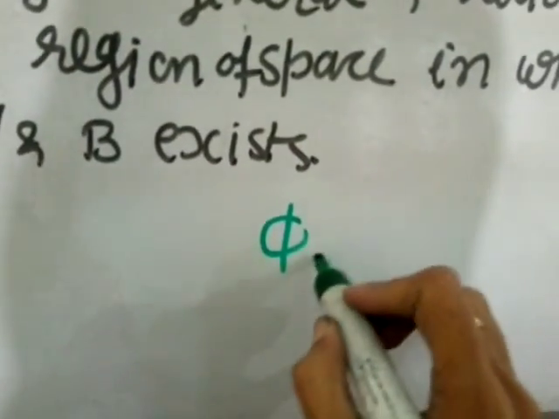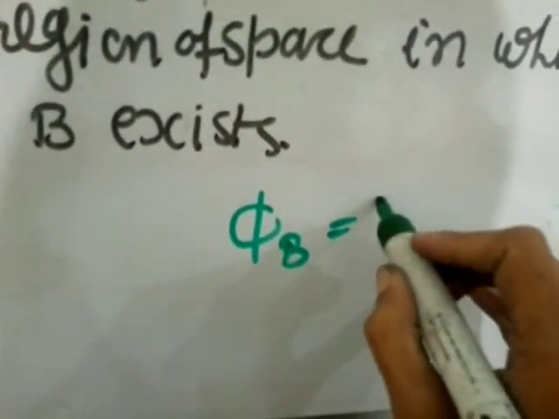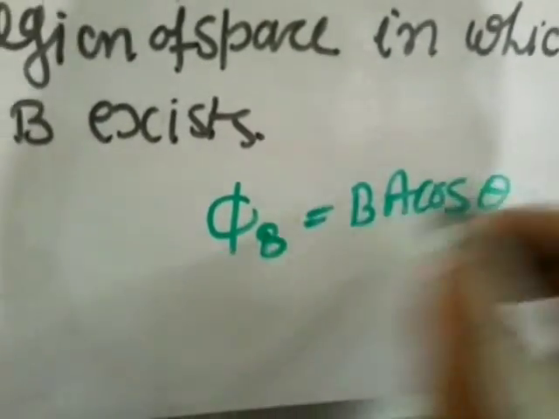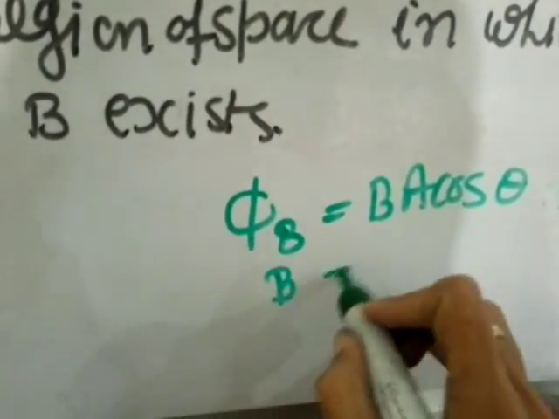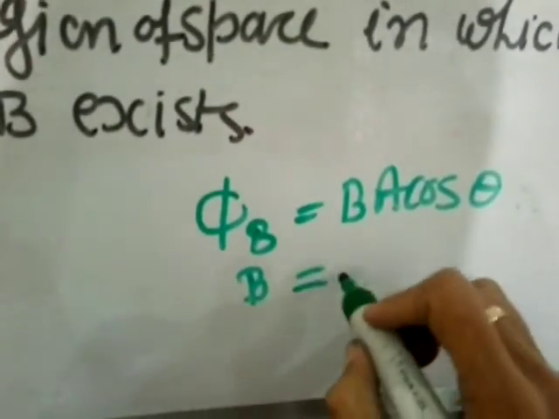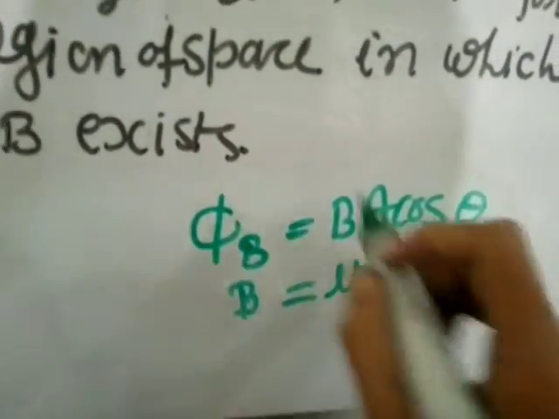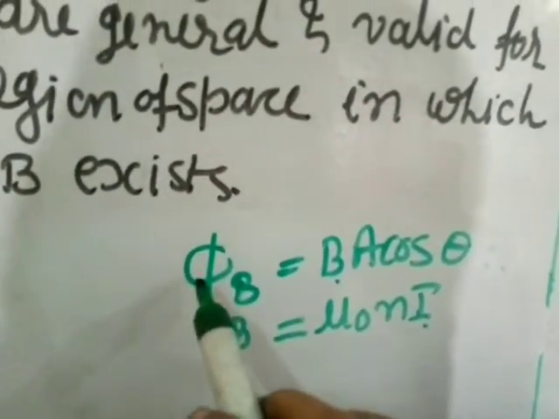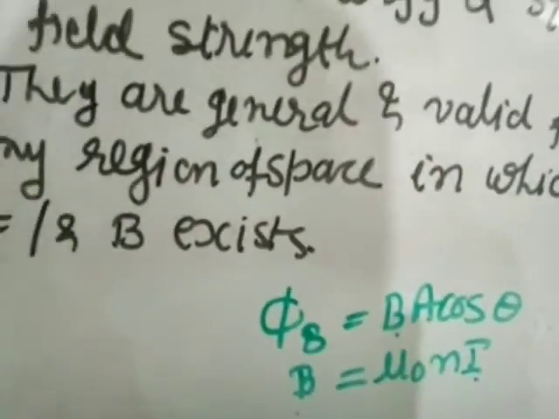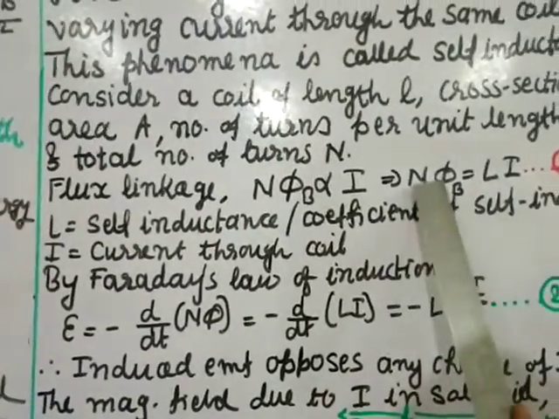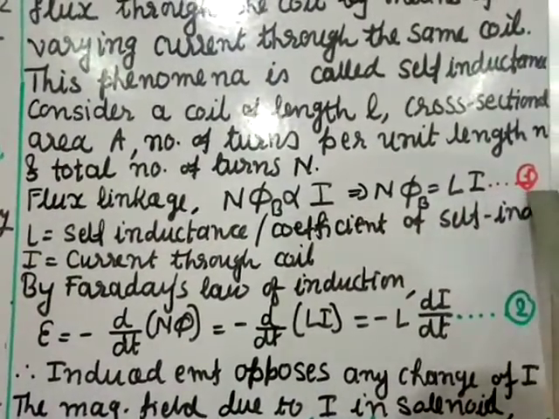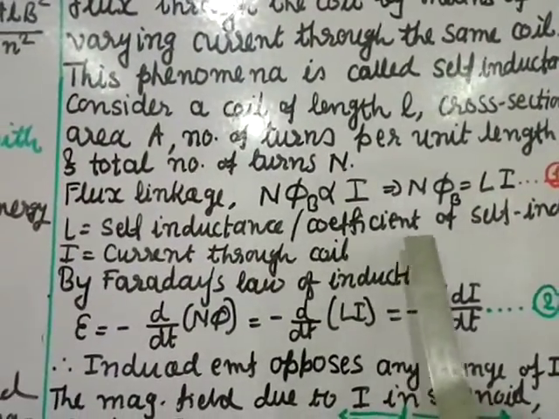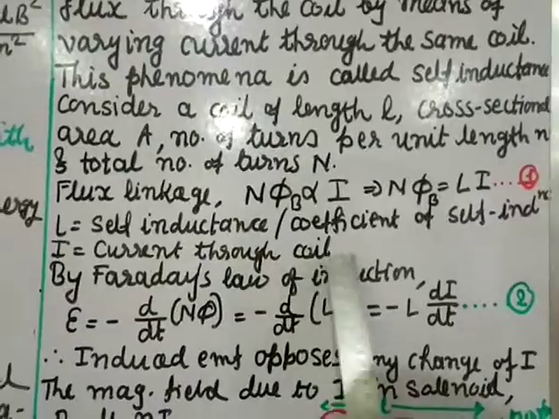Magnetic flux phi B is equal to B A cos theta, and the magnitude of the magnetic field in a solenoid is B equal to mu naught n I. So phi depends on B, B depends on I, so phi also depends on the current I. So N phi B is proportional to I, and it can be written as N phi B is equal to L into I, call it number 1. Here L is the self-inductance or coefficient of self-inductance, and I is the current through the coil.